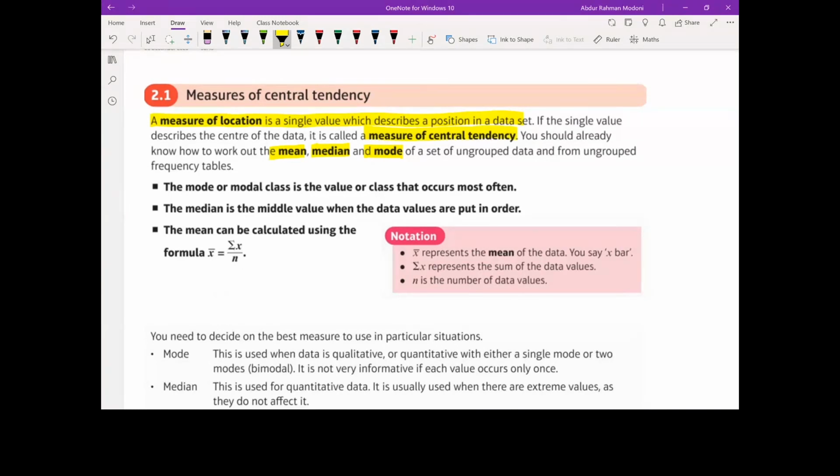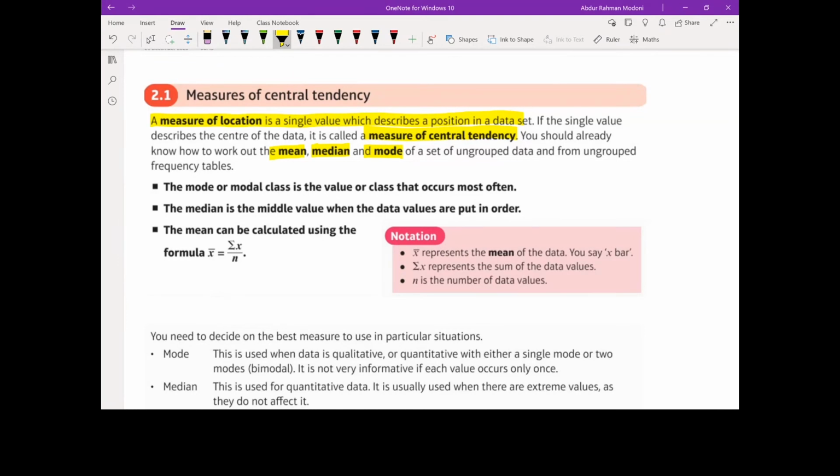It describes the center of the data, i.e. what is most likely. Median, as you know, is the middle value once arranged in order. Mode is the most common one, and mean is taking the sum of everything and dividing by how many there are. They tend to give us the central location of the data.